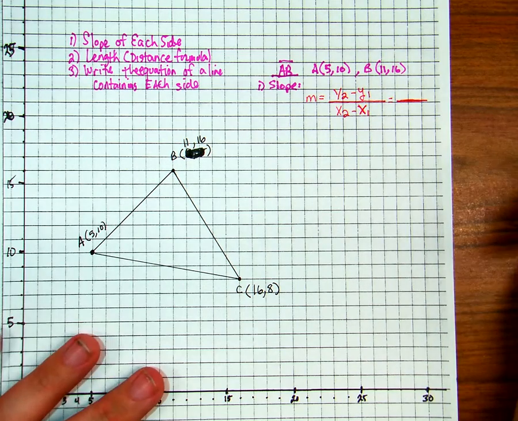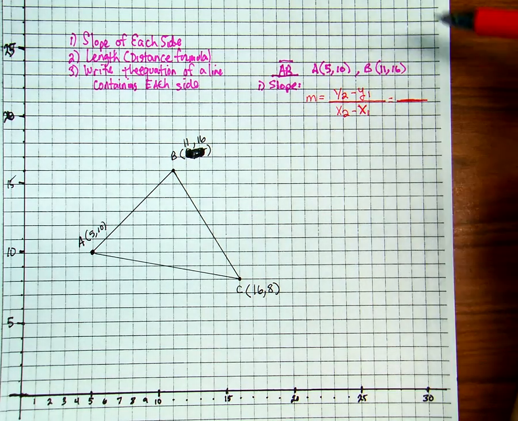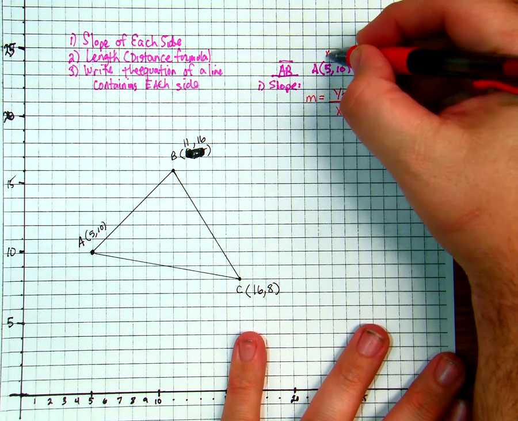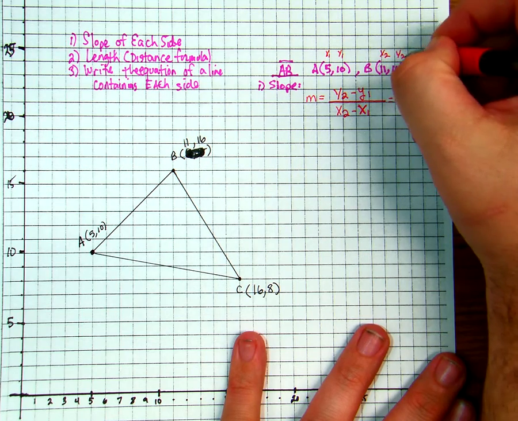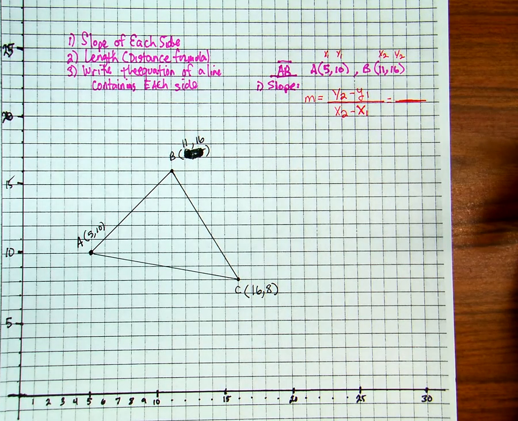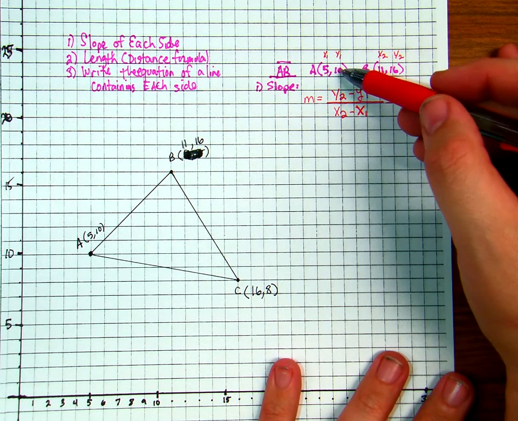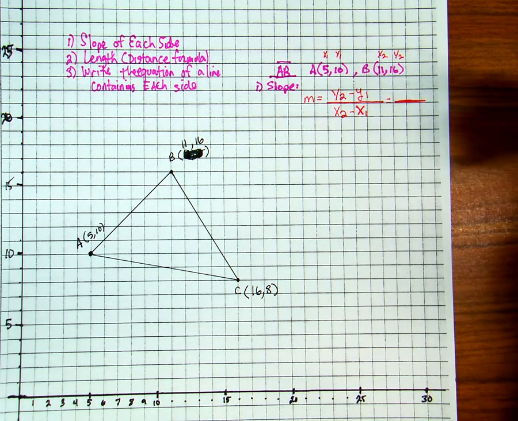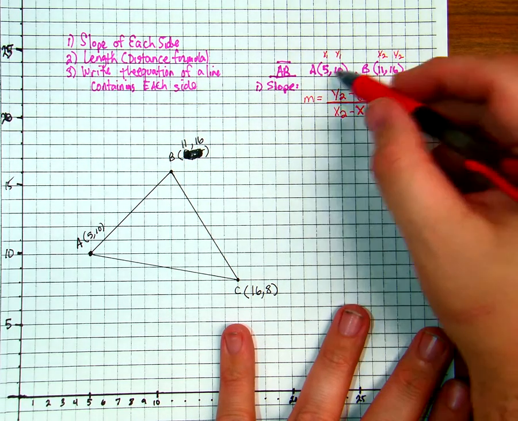So if we just take the points, and if you just have points from here, you can kind of think of this as x1, y1, and x2, y2. Could I flip them around and use this as x1, y1, x2, y2? Yeah, it doesn't matter as long as you're consistent. So I'm going to take y2 minus y1, which would be 16 minus 10.